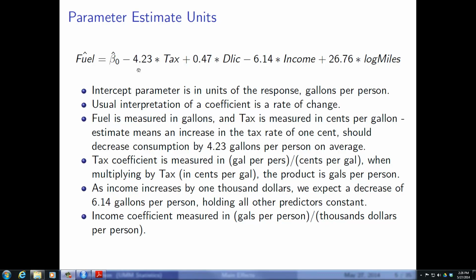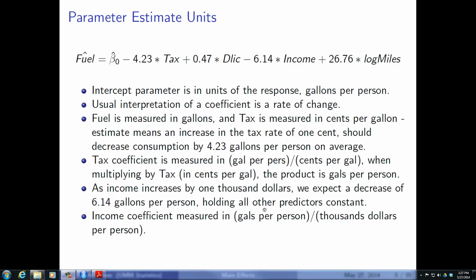Just so we're clear about the beta hat for tax, there are units associated with that beta hat, and it would be in gallons per person per cents per gallon, so that when you multiply by a cents per gallon, you get your remaining units in gallons per person for the response. So this is what the units are for the tax coefficient: gallons per person per cents per gallon.